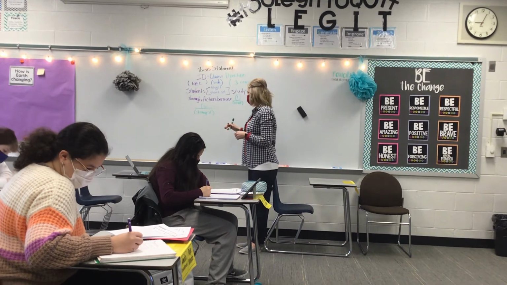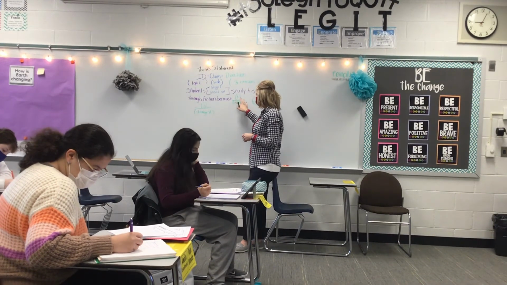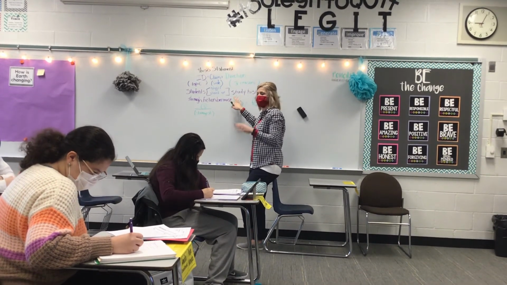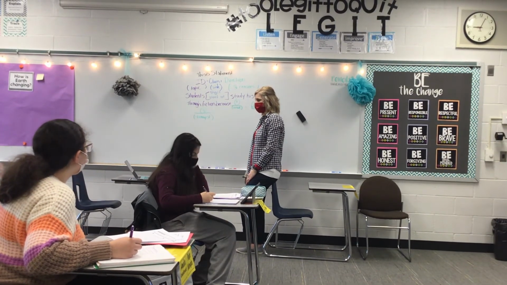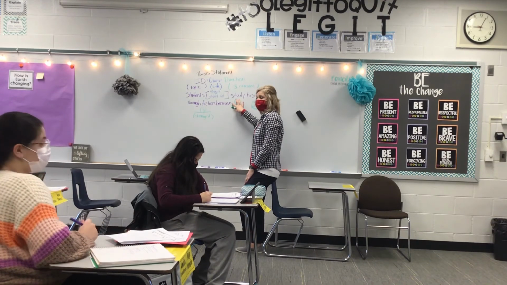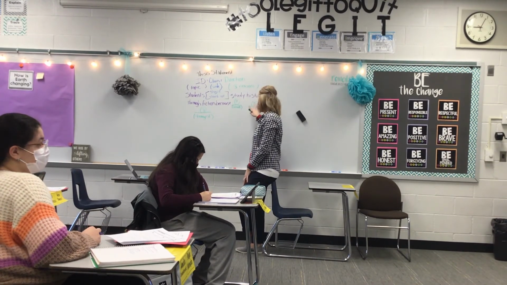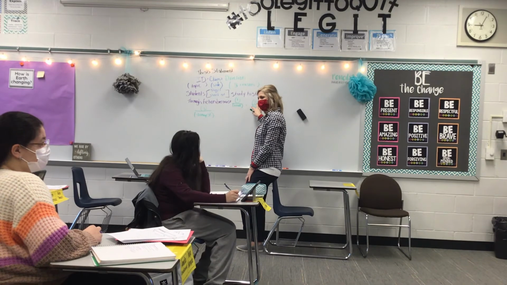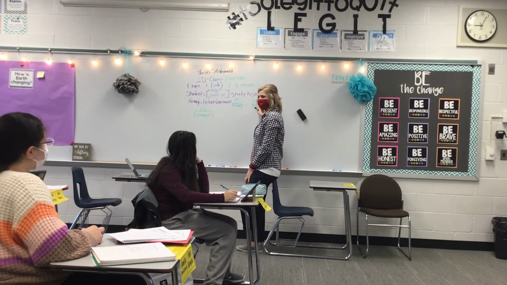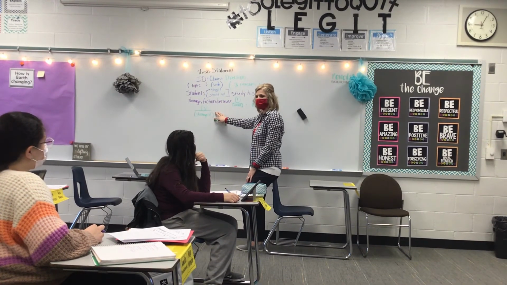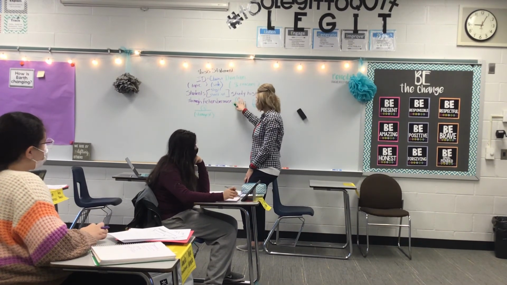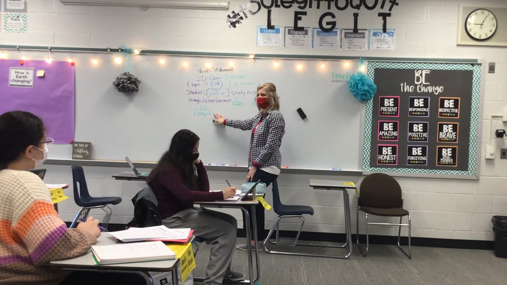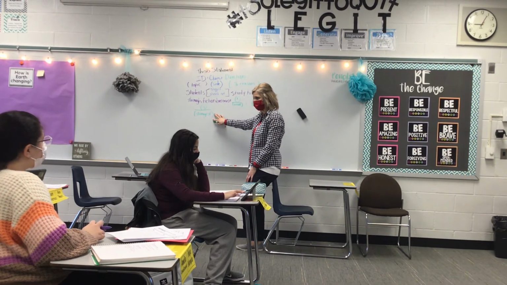Okay? So then this is going to set the stage for the rest of your paper. Your first topic is what you're going to talk about first, the second topic is what you talk about second, and the third topic is what you talk about last. Each of these is going to represent a paragraph. Alright? Does that make sense?